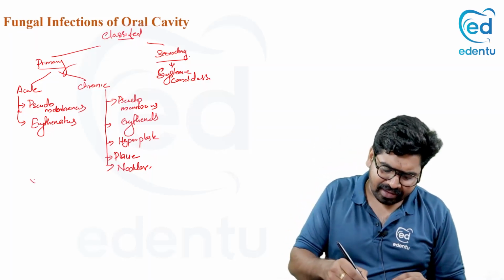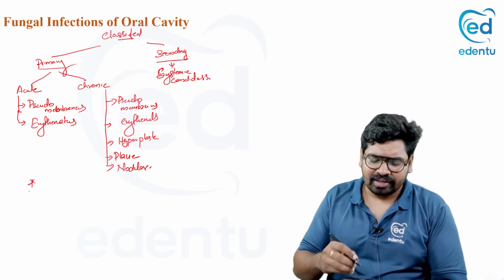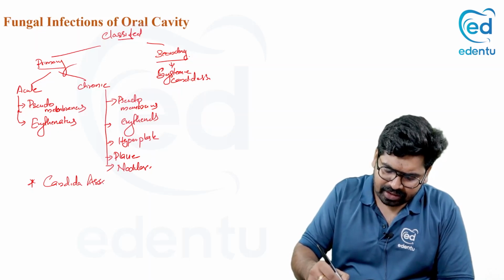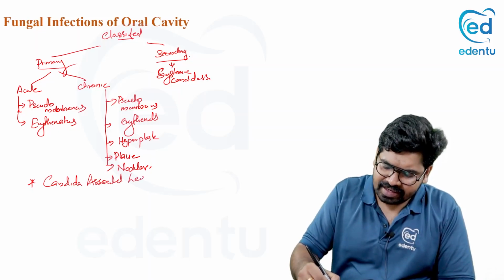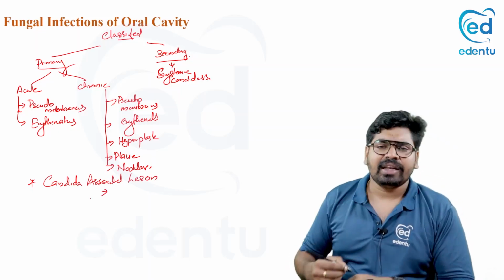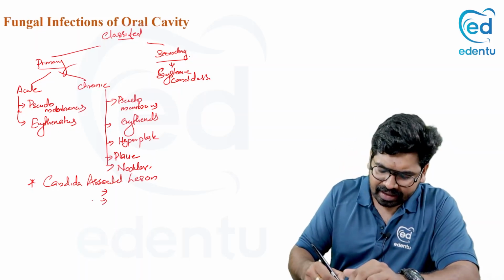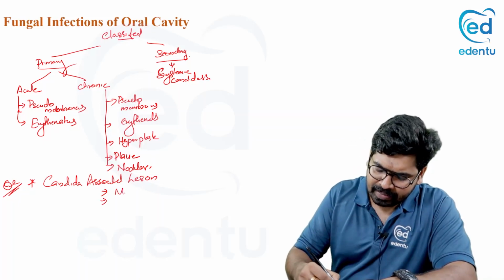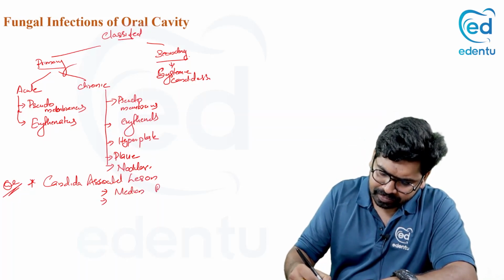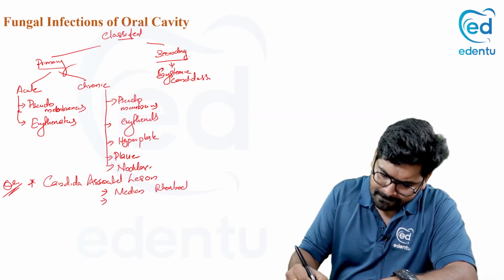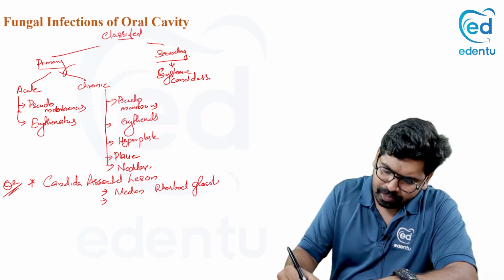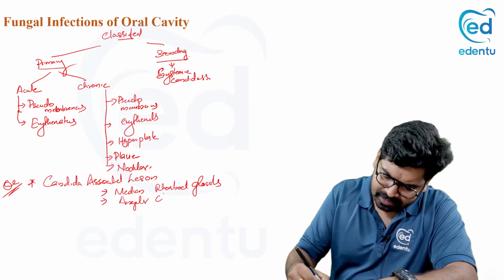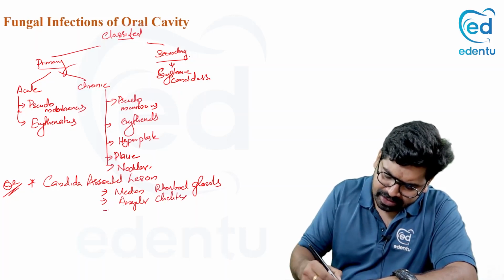And there is another entirely different entity, that is candida-associated lesions. Candida-associated lesions means these lesions are seen in relation to candida. What are the candida-associated lesions? Please note this: median rhomboid glossitis, angular cheilitis, denture stomatitis.